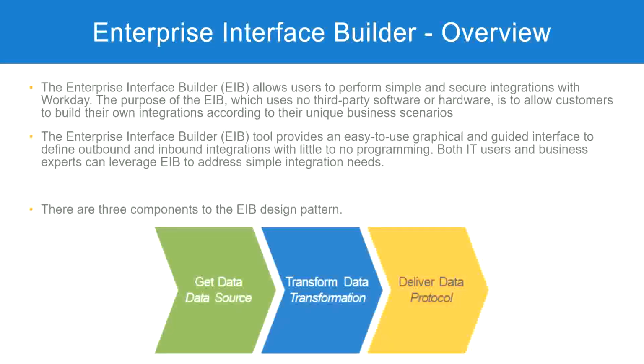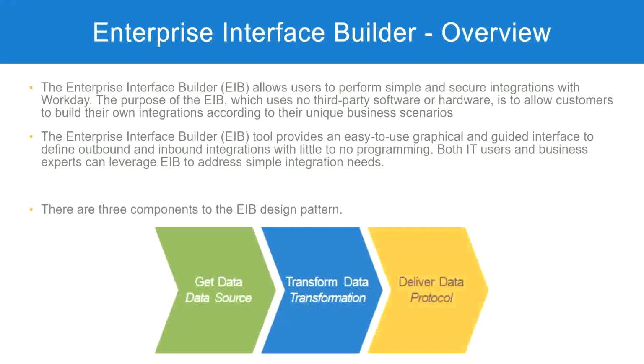When we create an integration using EIB, we will see these 3 steps there as well. Get data, transform data, deliver data. These are the 3 components in an EIB design pattern. So what we are going to do is configure these 3 steps. Get data: where are we going to get the data from?